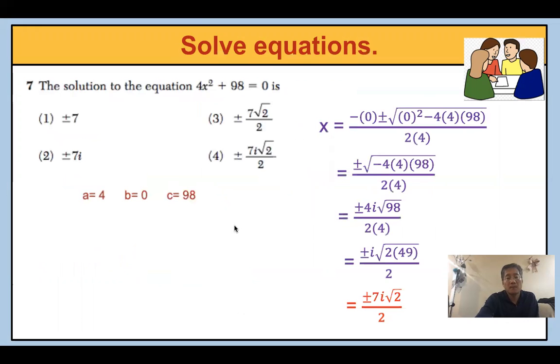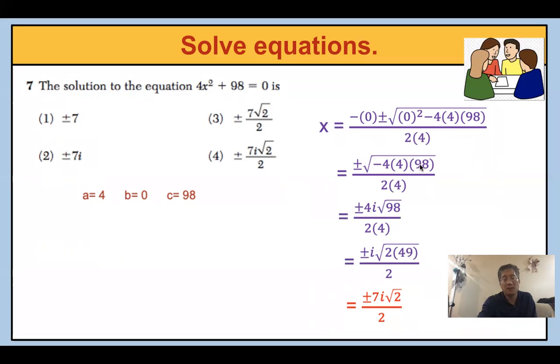Okay. Be careful. B is 0. C is 98. But C is a big number. When you deal with a big number, there's a trick. I can give you a tip. Look at this. You simplify like this, right? The b term will be gone. So you have a negative here. 4 times 98.